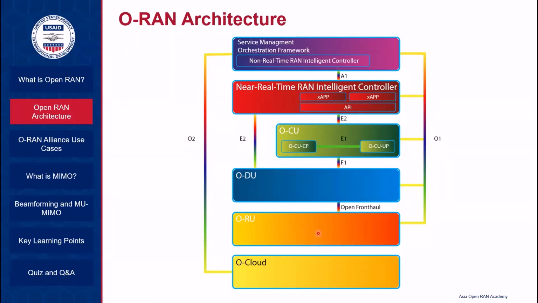So RU, gumagamit ito ng integrated hardware, software, and basically hindi ito disaggregated, no? In the classic sense of open interfaces to connect to the DU. And then meron tayong O-Cloud. So si O-Cloud is the cloud computing platform comprising yung mga collection of physical infrastructure, okay, nodes that can host the relevant O-RAN functions.